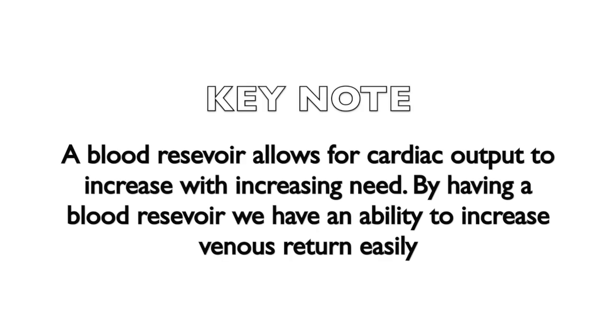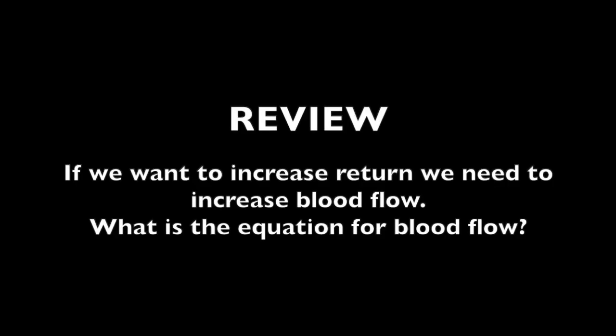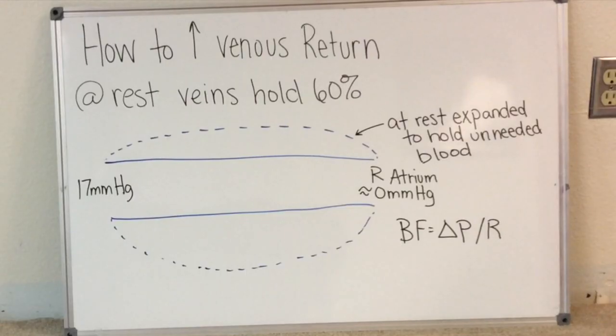How do we increase venous return when the body's metabolic needs increase to require a larger cardiac output? Blood flow is a change of pressure over resistance. By the time the blood reaches the veins, it has a fairly low pressure of 17 millimeters of mercury.